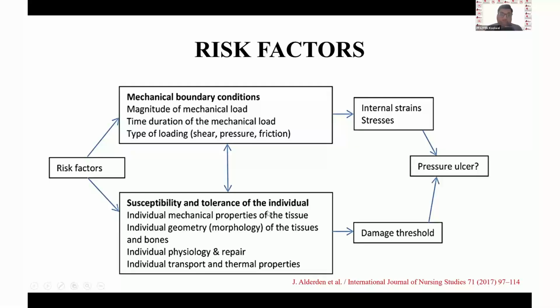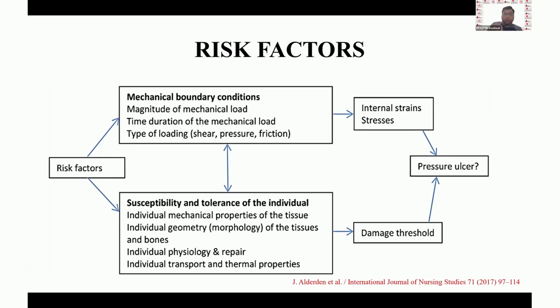Susceptibility and tolerance of the individual: mechanical properties of a tissue, individual geometry of tissue and bones, individual physiology, and the repair. How is the repair of that patient occurring? If the patient's nutritive value is very good, if the treatment is going in a phenomenal way, and the patient is improving from his critical illness, then these pressure ulcers heal very fast, or their risk of becoming a pressure ulcer is very low.